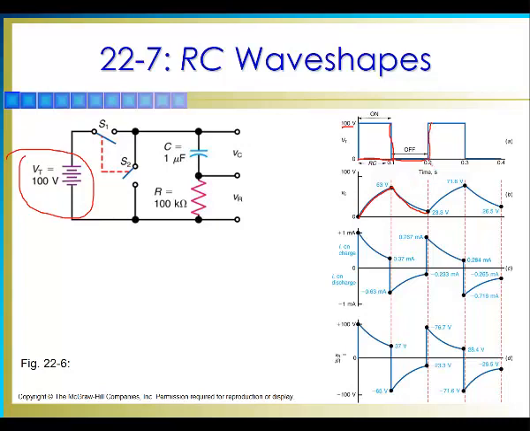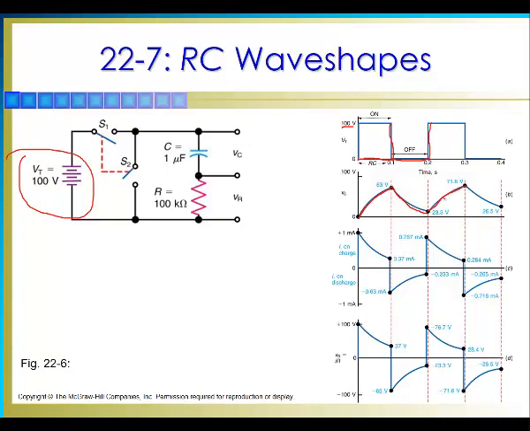At that point, we apply 100 volts, and the capacitor will charge again 63% of the difference.